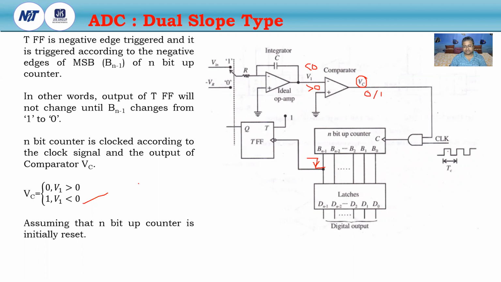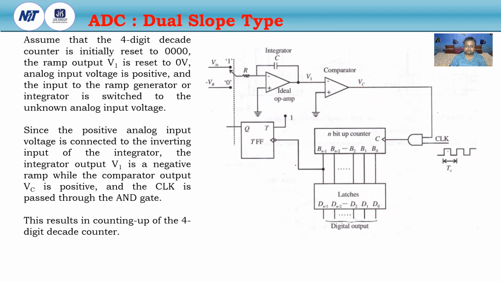Assume that the n-bit up counter is initially reset. So the 4-digit decade counter is initially reset to 0. The ramp output V1 is reset to 0 volt. The analog input voltage is positive, and the input to the ramp generator, or the integrator, is switched to the unknown analog input voltage.